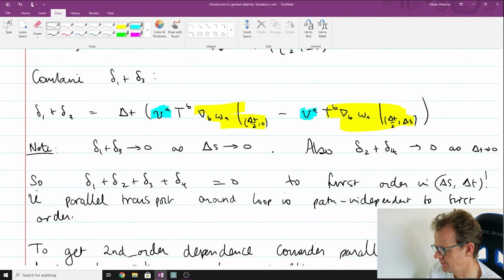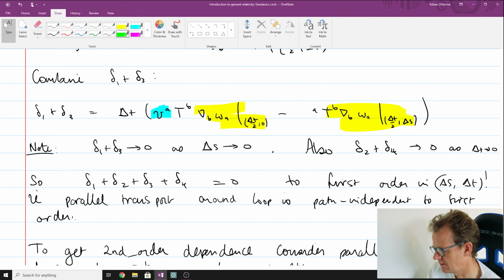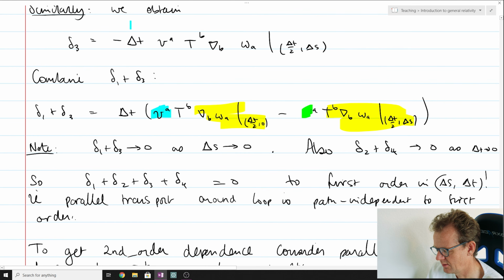We want to evaluate the difference of these two yellow highlighted terms. And they're evaluated at different points in the loop. In fact, although I said V^A is common, of course it isn't. V^A here, the second blue one, is evaluated at the other point in the curve, which I've highlighted in green.